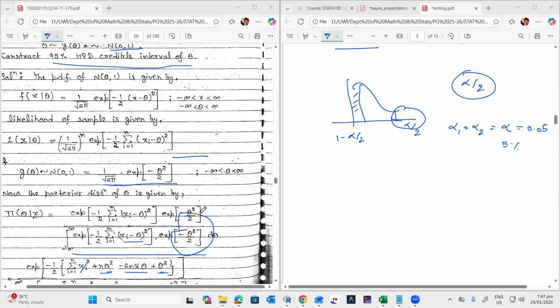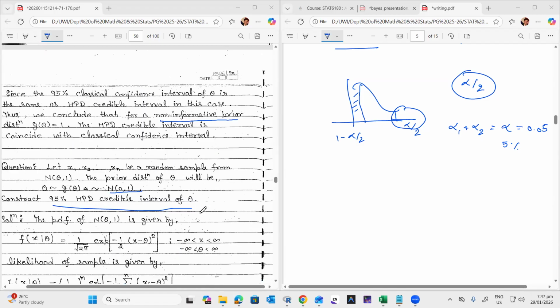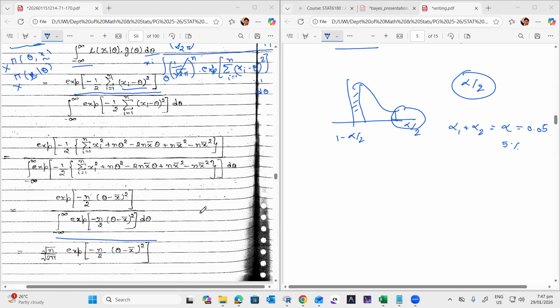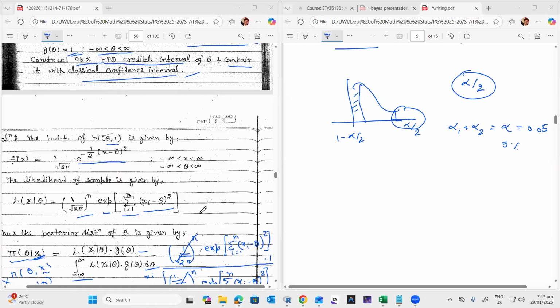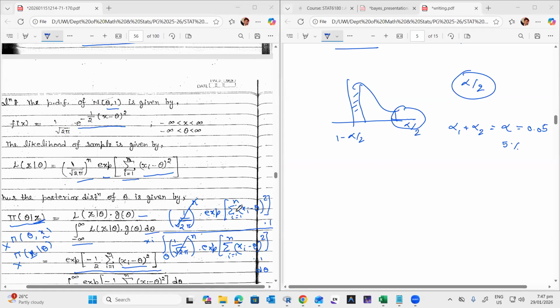Wait a second, let me check. Okay, see, this is the notation only. Sometimes we use J theta, sometimes we use G theta, sometimes we use P theta, and other notations also.